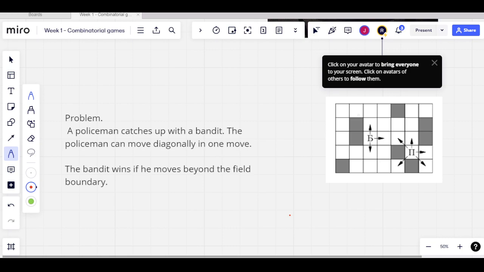We can launch, for example, Dijkstra or A star algorithm and compare our minimum lengths. What will we do?